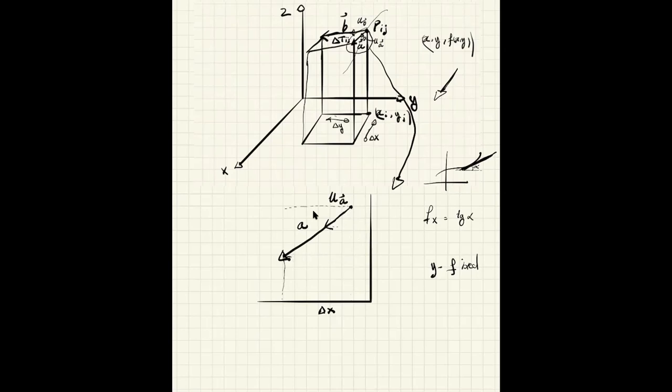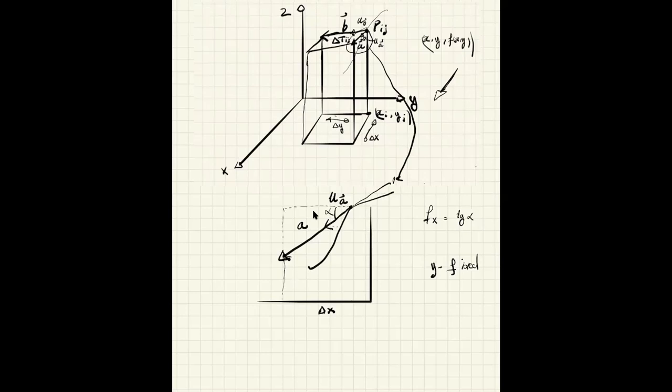Okay, so this is going to be something like that, and the section will be some curve, some function here. Then you're going to have the directional derivative, which will be the tangent line, and then you will have alpha here.